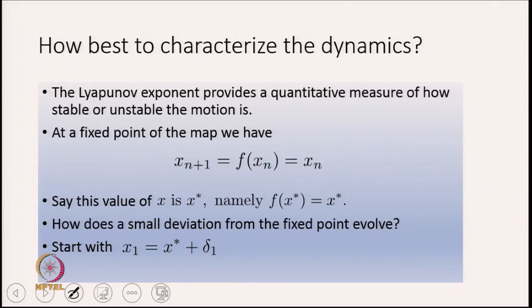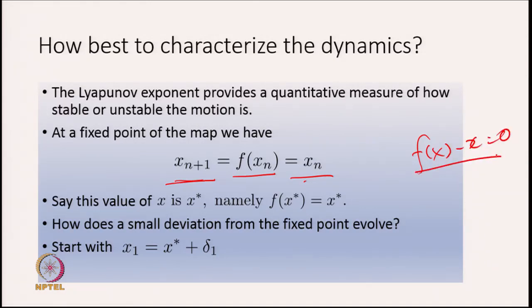At a fixed point of the map, we have the following condition, that x n plus 1 is f of x n, and that is equal to x n. So, x n gives you x n plus 1, this is a fixed point. We determine this by looking for the zeros of the equation f of x minus x is equal to 0. That gives you a value x star.